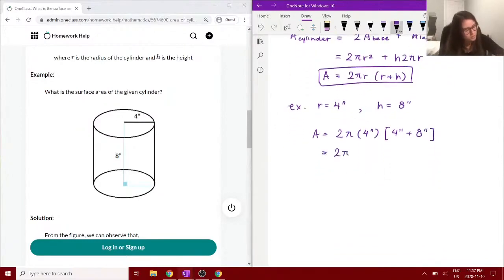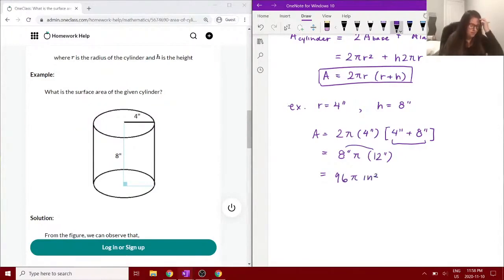We can multiply the 2 and the 4, so that's 8 inches times pi, and then 4 plus 8 is 12 inches. Inches times inches, so the final answer would be 96 pi inches squared.